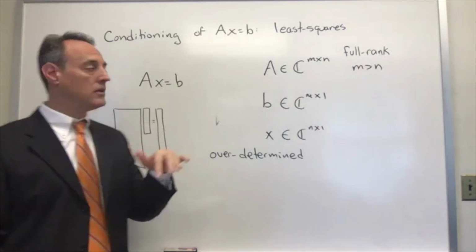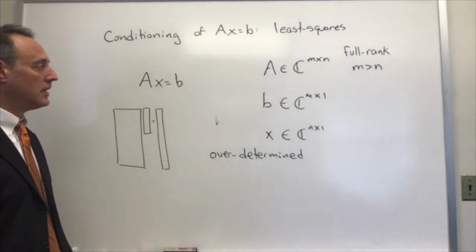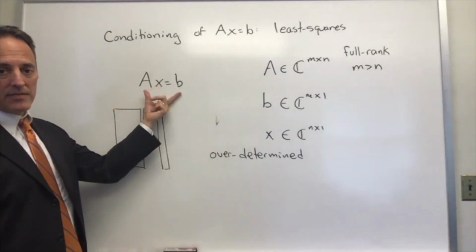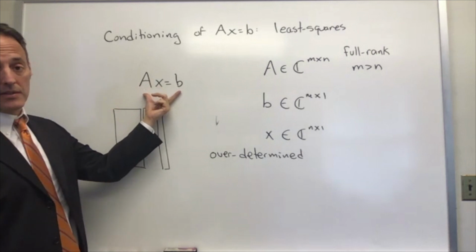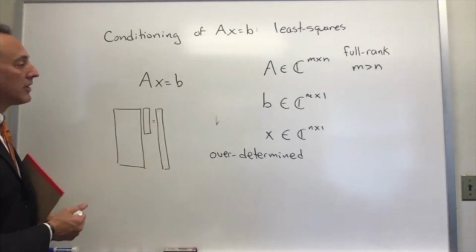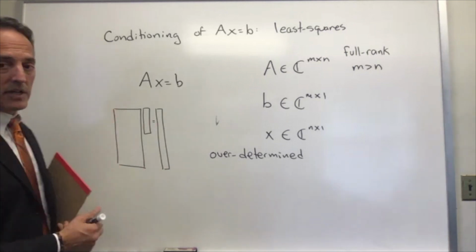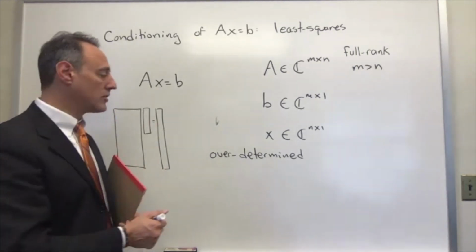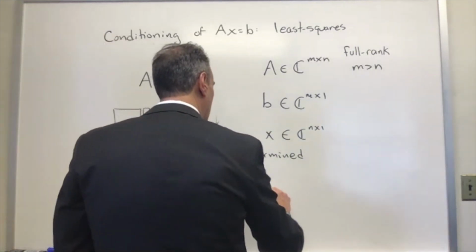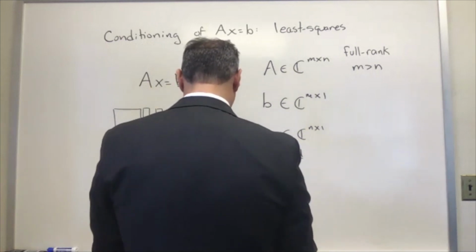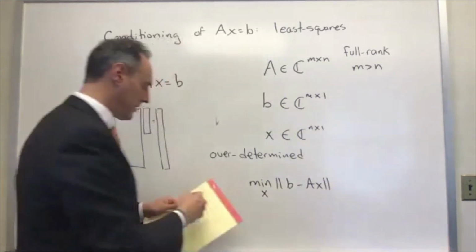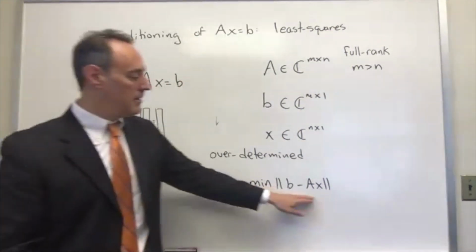So first of all, let's talk about the solution to this. What we know is we can't actually satisfy this, because there are more constraints than unknowns. What we're really going to do is solve this in the least squares way, which is to find the x that minimizes b minus Ax.